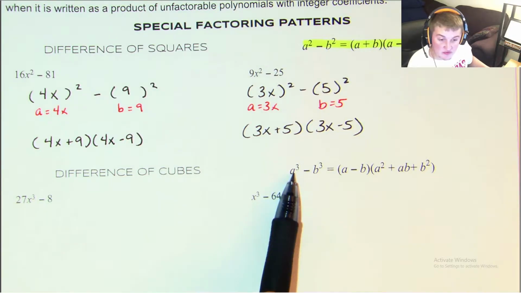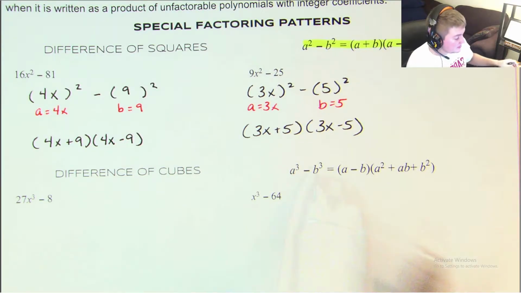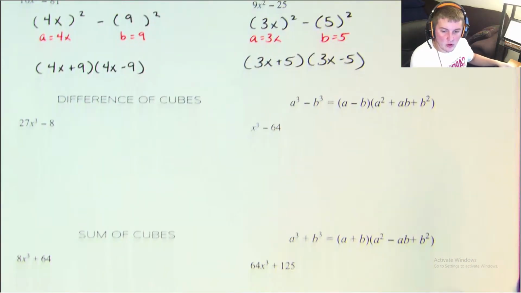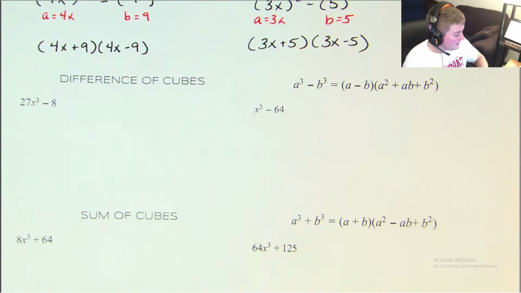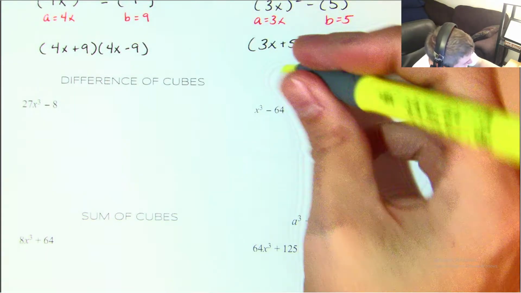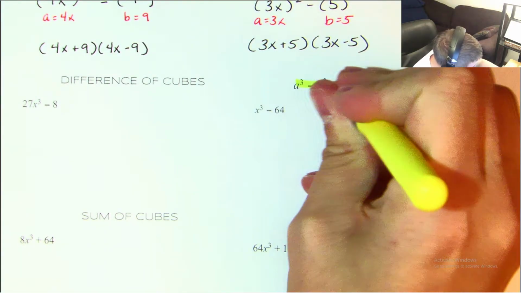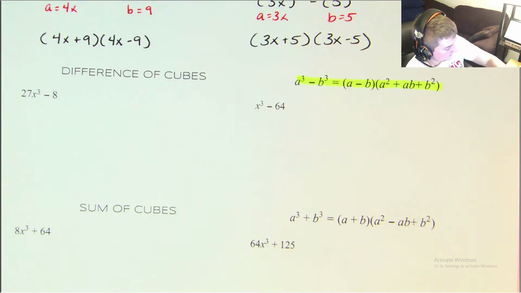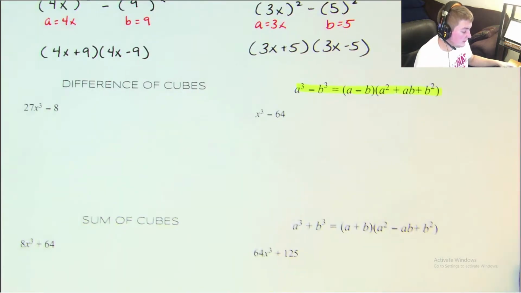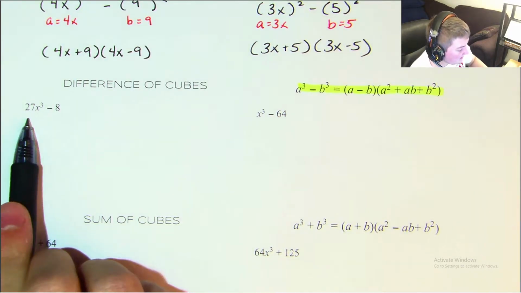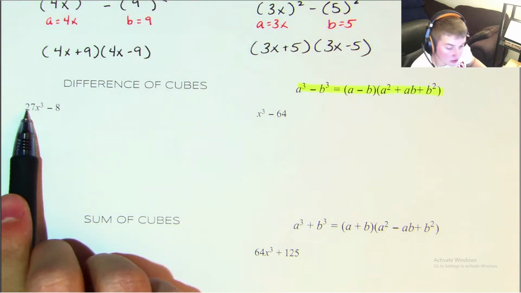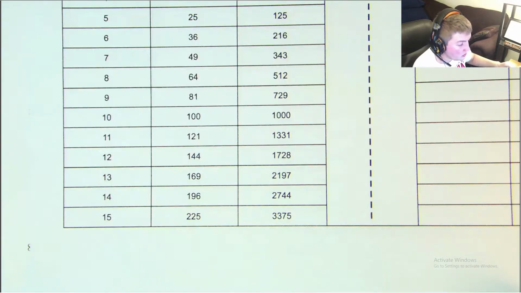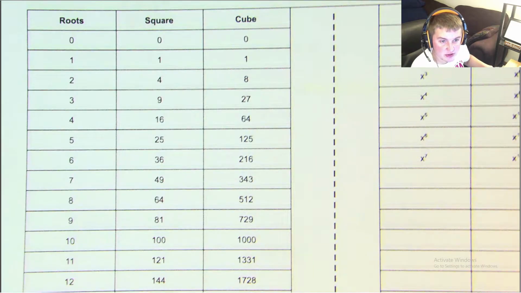We know a difference of cubes is a perfect cube subtracted from another perfect cube. So you want to ask yourself whether 27x cubed is a perfect cube and whether 8 is a perfect cube. I know the root of 27 is 3, and again, we can check that on our cube and square cheat sheet.